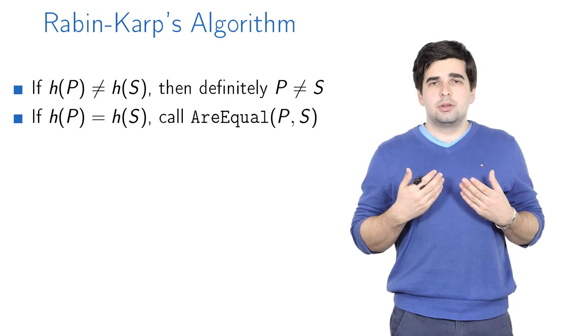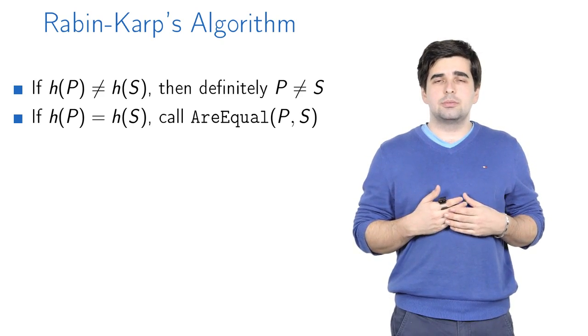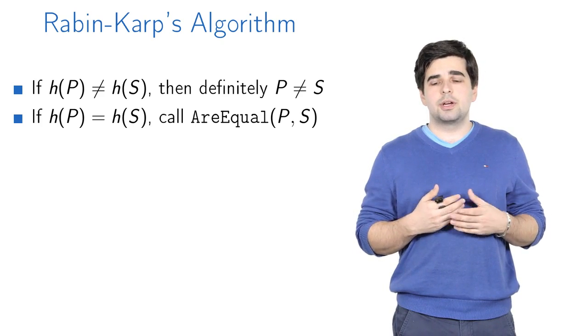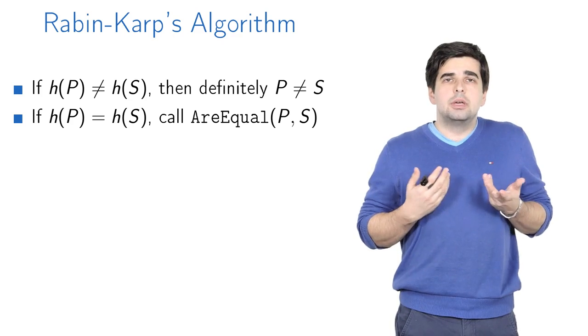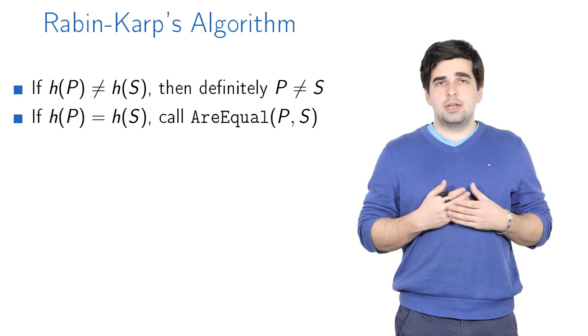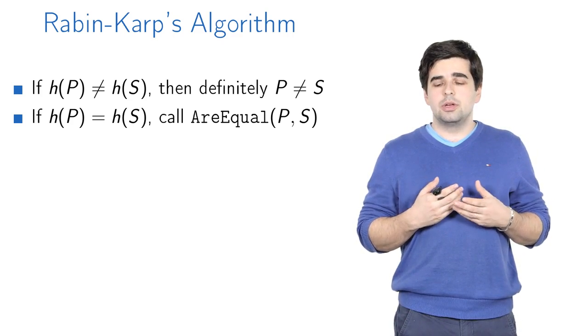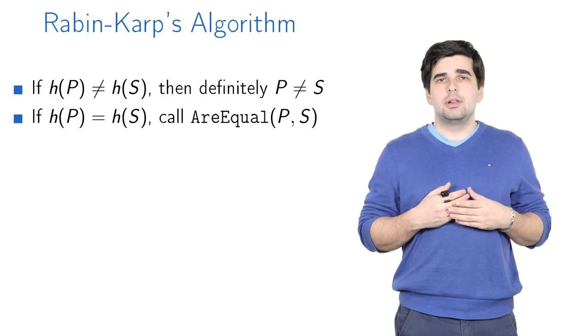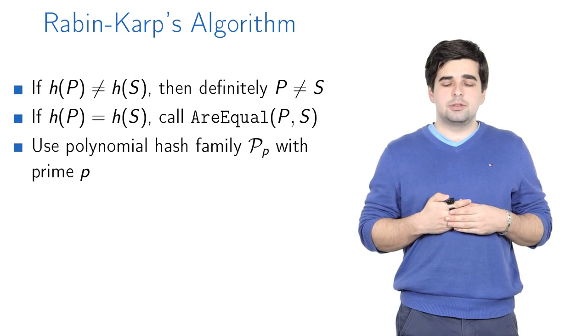To exactly check whether P is equal to S, we will need to call our function AreEqual on P and S. This doesn't yet save us any time, but we hope to call AreEqual less frequently because there will be only a few collisions.